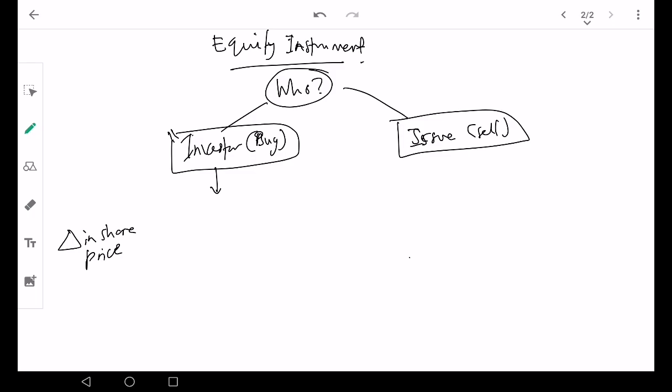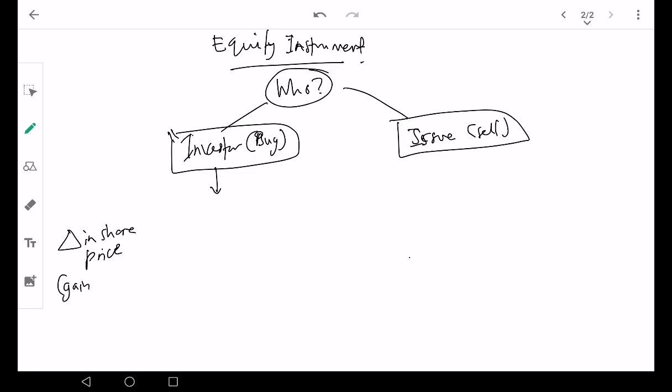For example, if you buy at 3 ringgit, but then the price of your share increases to 7, your capital gain on the investment will be 4. Correct?